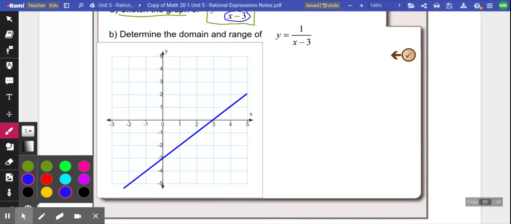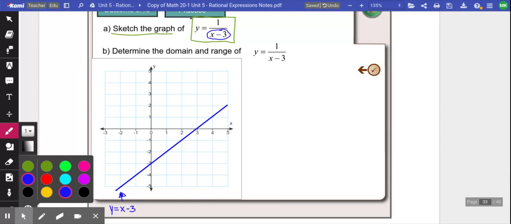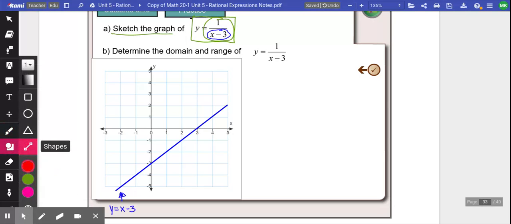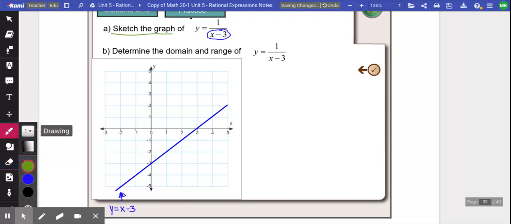So this thing right here, that is y equals x minus 3. That's the straight line graph. That's all that is. Our goal now is to graph the reciprocal of that, which would be 1 over x minus 3. To be able to do that, we have to follow 3 steps.